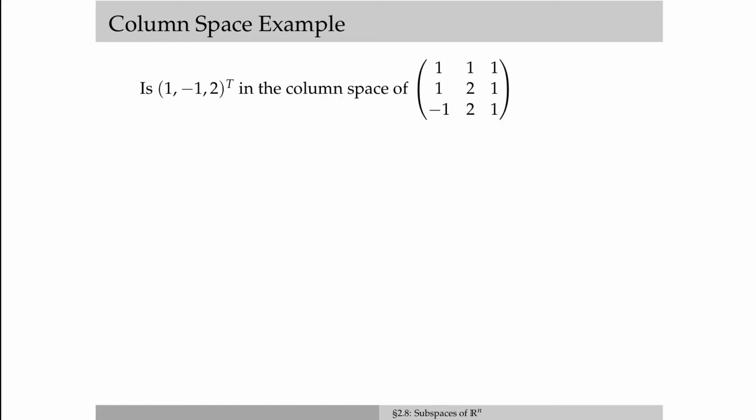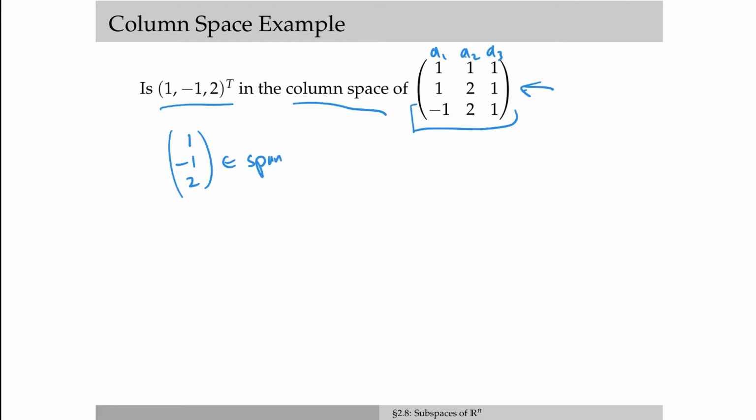All right, and so I'm going to ask you, is that particular vector right here in the column space of this? Well, what's the column space? It's the span of the columns of the matrix. So what I'm really asking here is, is (1, -1, 2) an element of the span of A1, A2, A3? I'm going to call the columns A1, A2, and A3 to make my life easy.